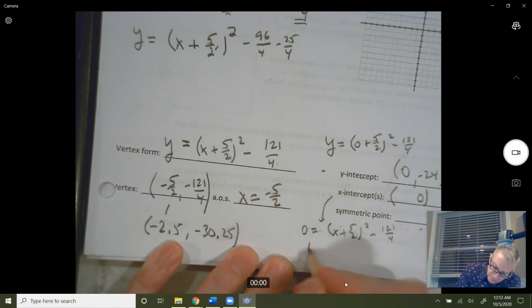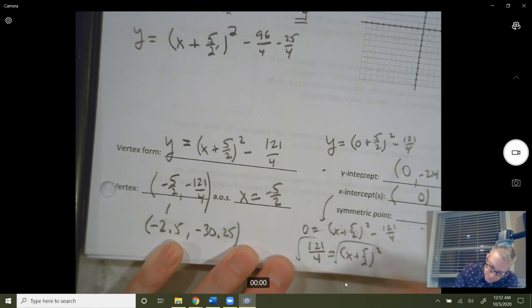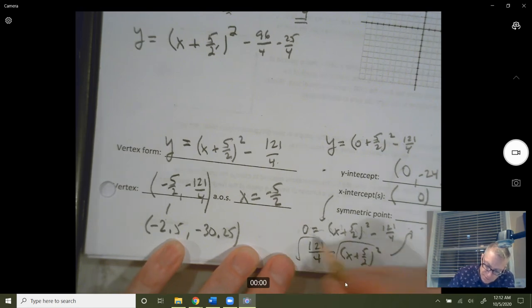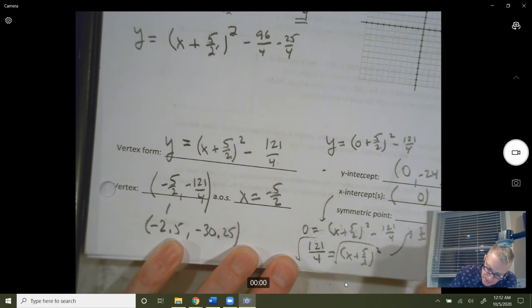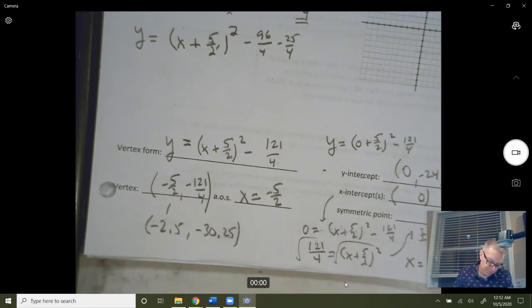Okay, so we add this over. 121 over 4 equals (x plus 5 halves) squared. Square root both sides. That becomes plus or minus 11 over 2 equals x plus 5 halves. So x equals negative 5 halves plus or minus 11 over 2. Oh, that does factor.